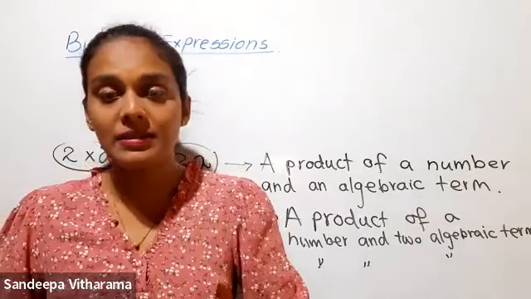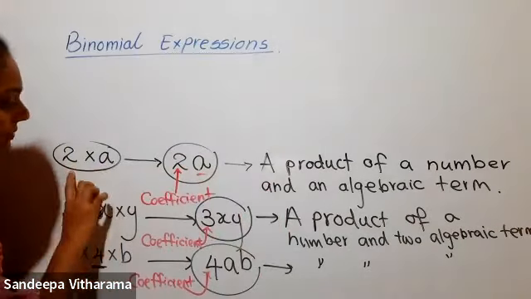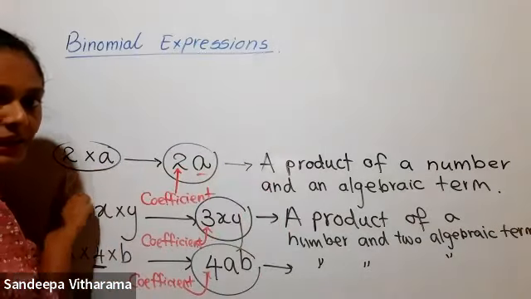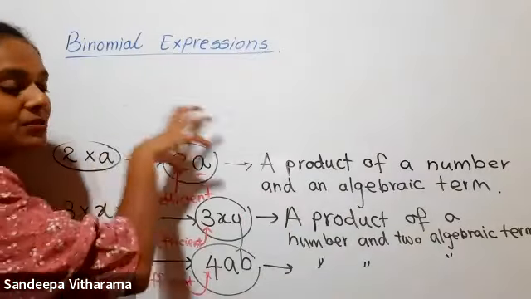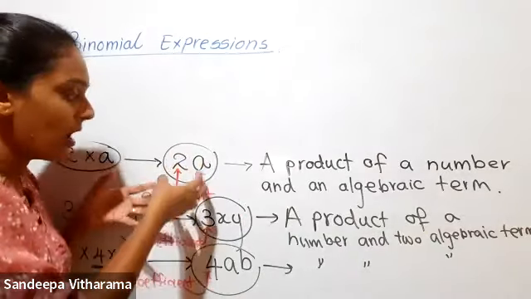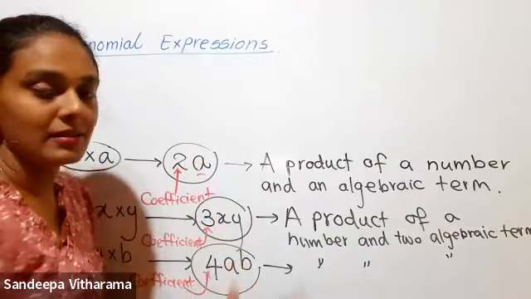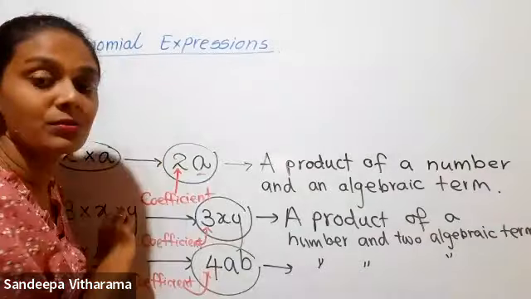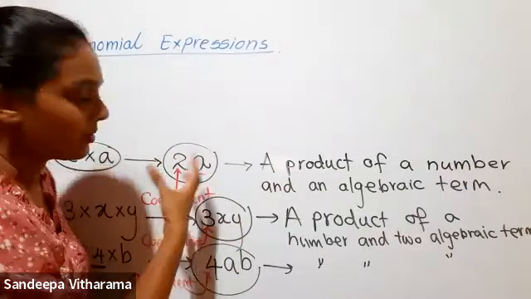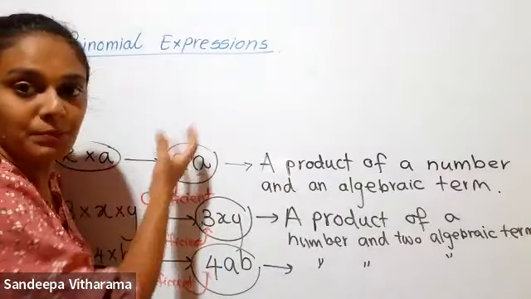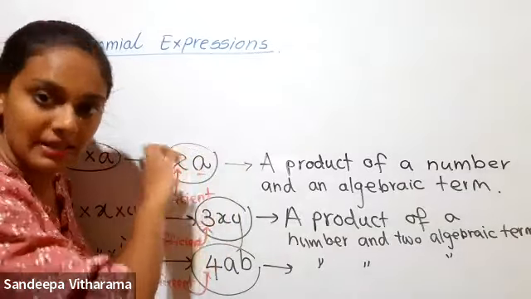They can be considered as terms, because after we multiply a by 2, it becomes 2a. Actually, this is how it happened: by adding two a's, it has become 2a. So this is a particular term. We can consider this as a term.